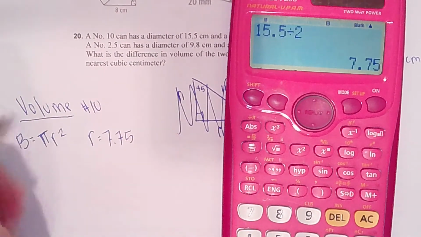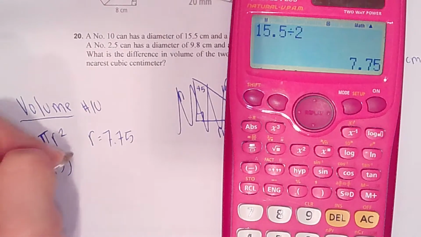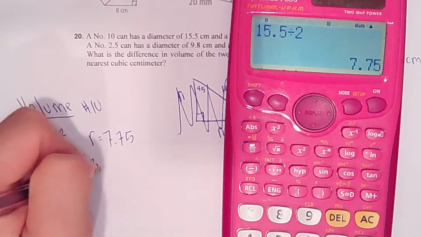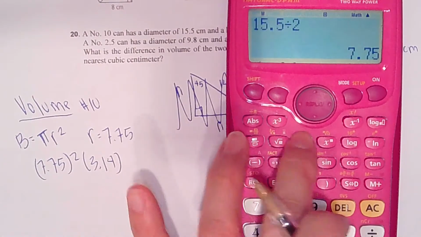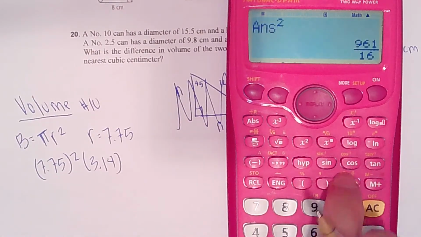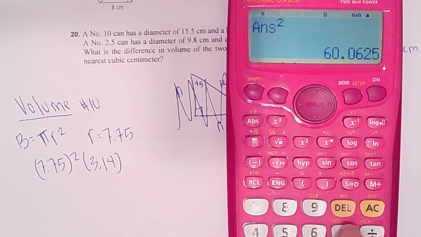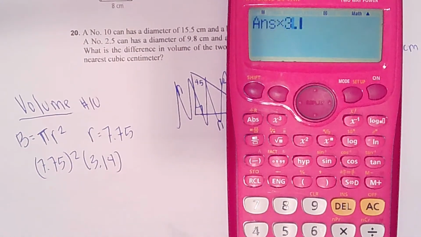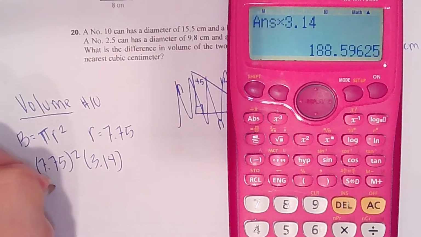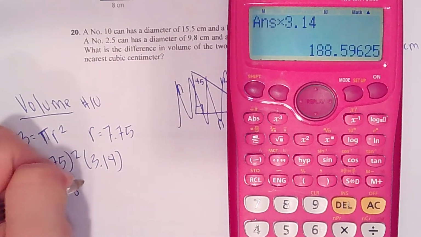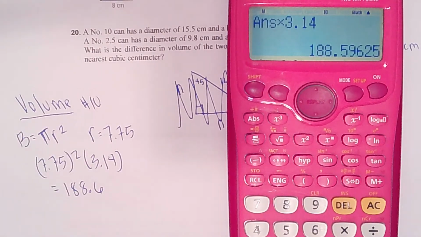So we're going to go ahead and square it, and multiply it by 3.14 instead of pi. So 7.75 squared gives me 60.06. And now we're going to multiply it by 3.14. And we're going to end up with it equaling 188.6. Let's just say we'll round it to the nearest 10th.